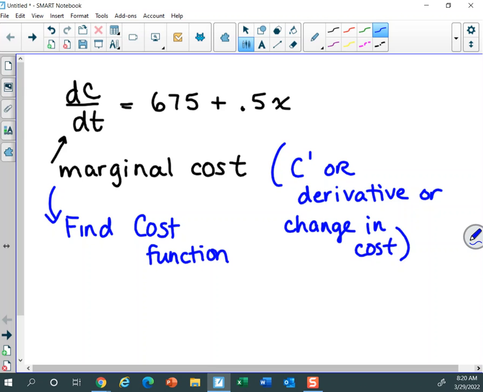Hang on a second. So that's going to be 8136.